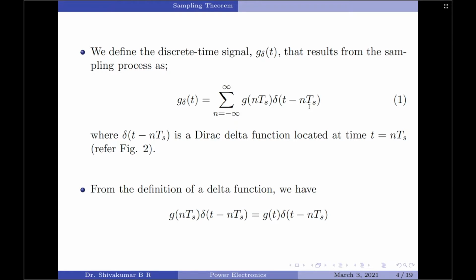Coming back to equation 1, we note that by the definition of the delta function we can write g of nTs into delta of t minus nTs equals g of t into delta of t minus nTs.